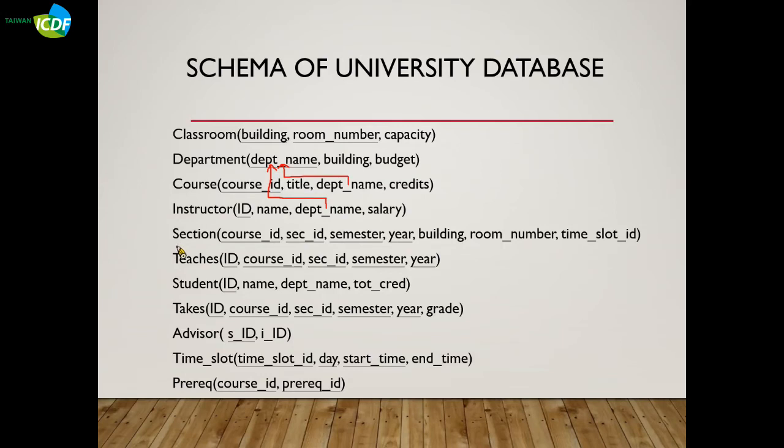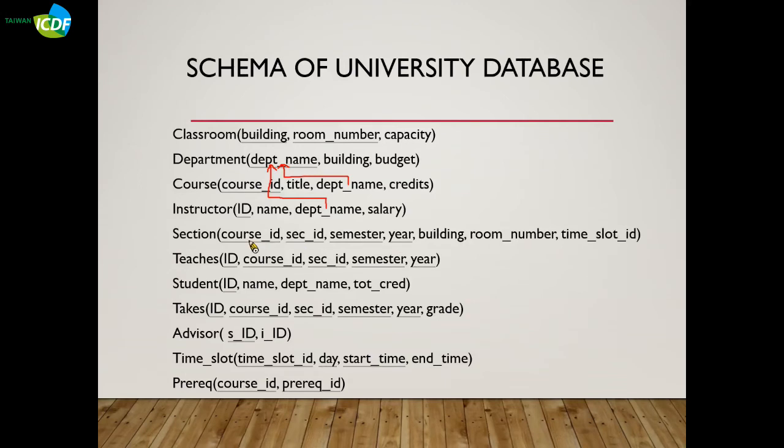And the section table. In addition to non-key attributes, we have to consider each attribute of this composite primary key as a non-key attribute. In other words, we have to examine each attribute of this table to make sure whether one of them is the primary key of another table.